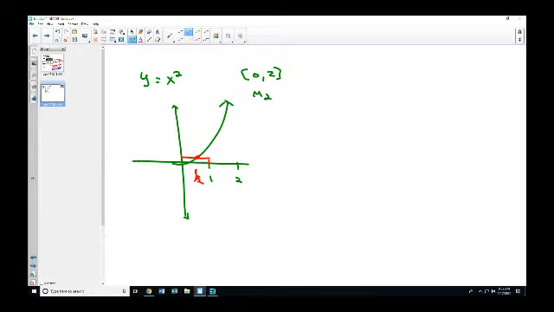So in this case, it would be 1/2 and 3/2. The graph is not to scale. How wide is this rectangle? 1 unit still, and how high is it? 1/2 squared, right? So 1/4. That's 1/4.